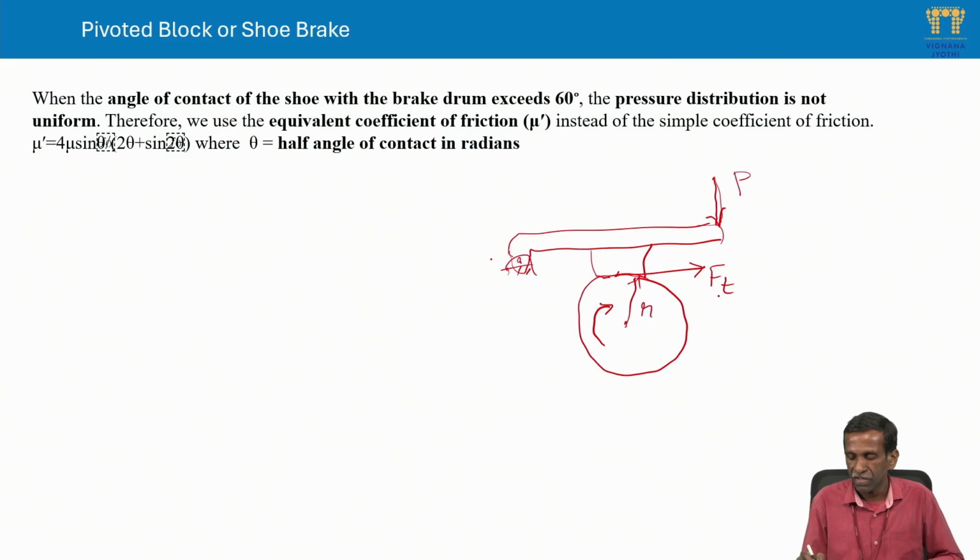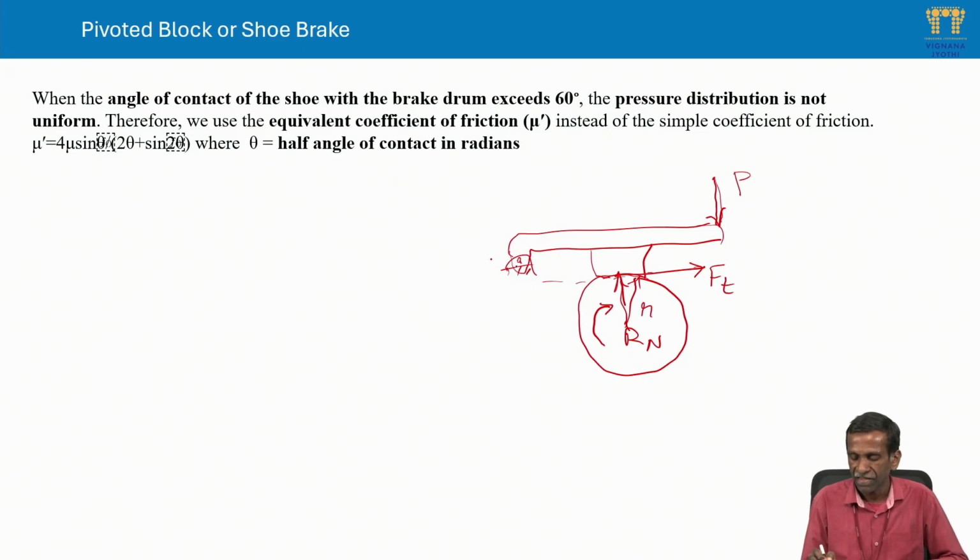We have seen different conditions of the line of action of the tangential and also the normal force Rn acting on the block due to the contact of the drum. If we isolate and draw the free body diagram of the drum, then we can show these forces. There are various cases we have seen already. In this case, the line of action of this tangential force is passing through the pivot.